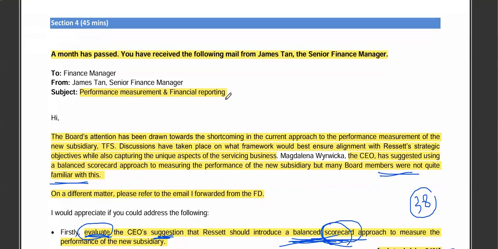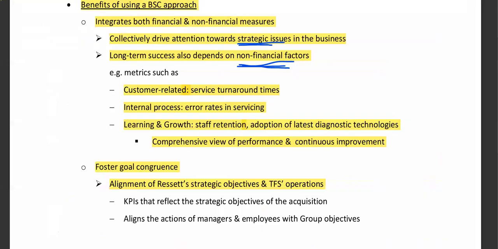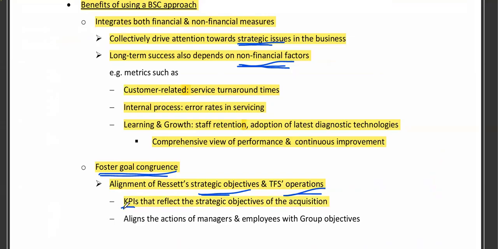And if you develop KPIs which link Ressett's strategic objectives of the acquisition along with the operations, it will foster goal congruence. So the starting point would be to set up KPIs that reflect the strategic objectives of the acquisition. And once you've set the KPIs, you set targets for managers and employees based on those KPIs.